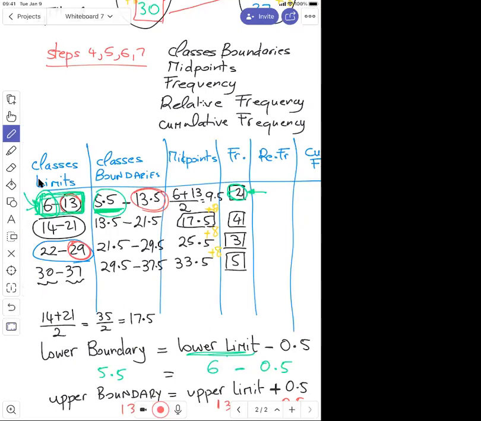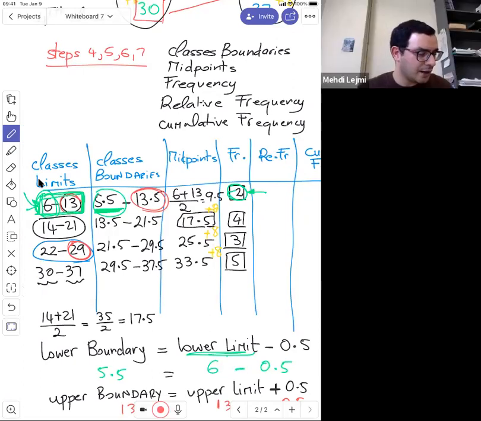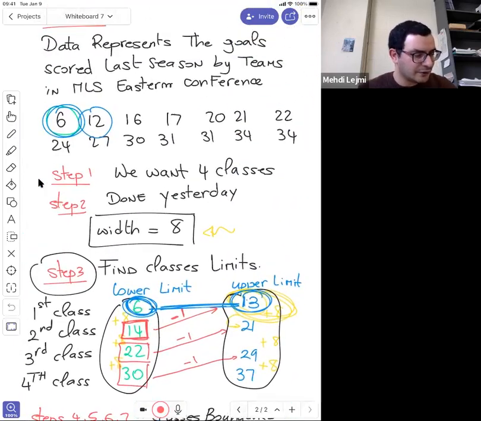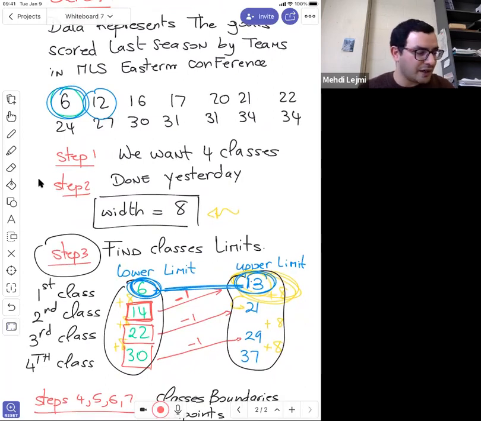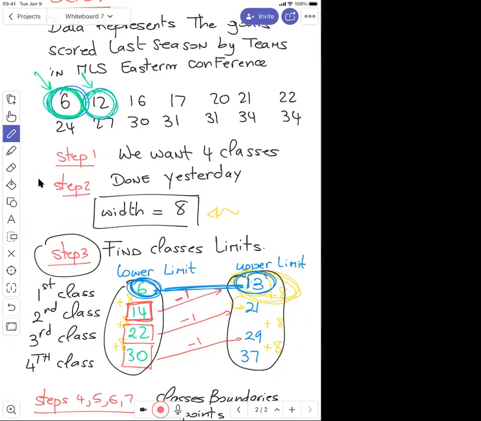So you need to count how many numbers are from 6 to 13. You go back to your data values and count how many numbers are from 6 to 13. As you can see here, there's 6, it's between 6 and 13. 12, it's between 6 and 13, right? So we have only two numbers between 6 and 13.